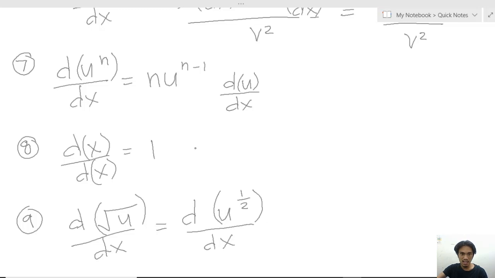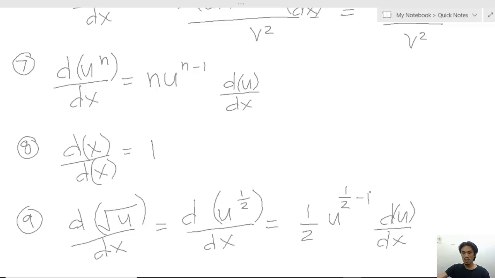And applying the seventh formula, this should be equal to: bring down the exponent 1/2, copy the base u. The exponent would be 1/2 minus 1, times the derivative of the base with respect to x.